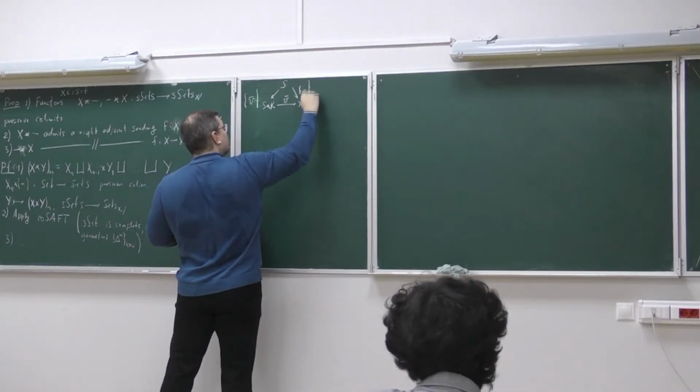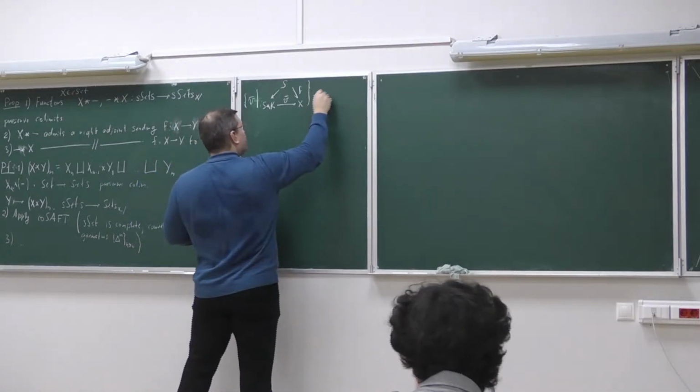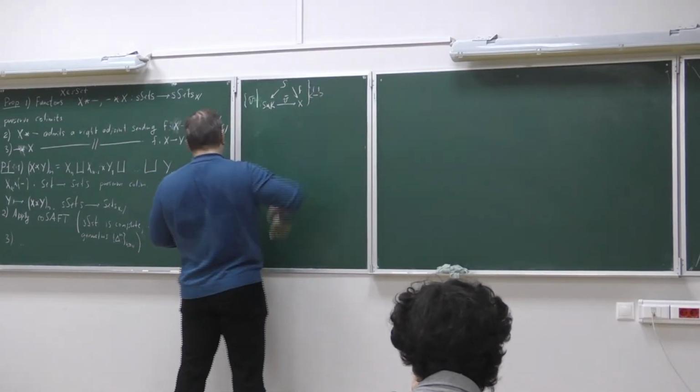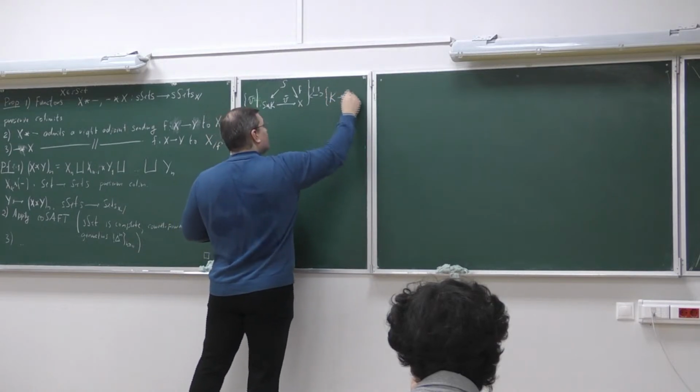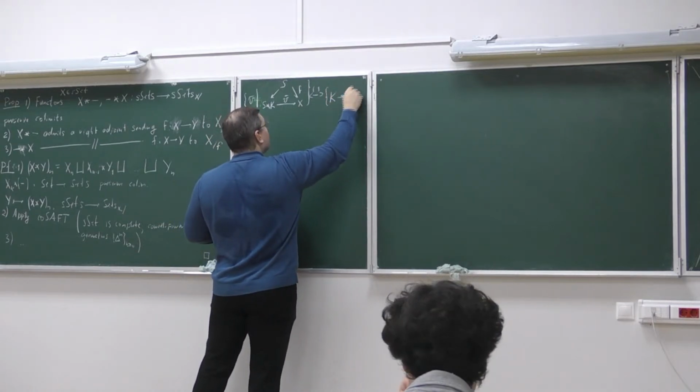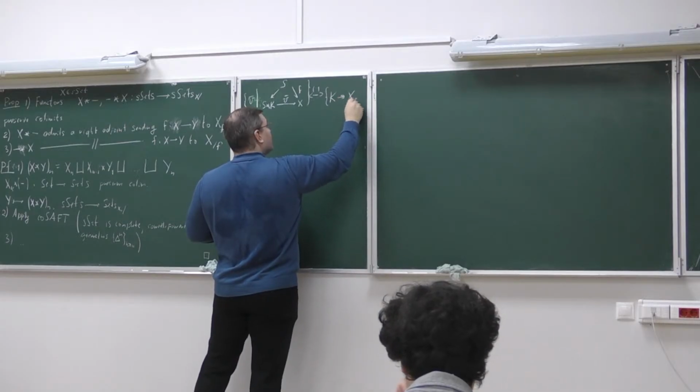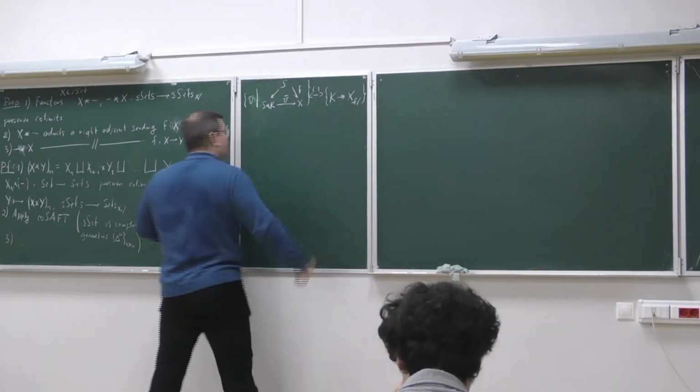Let me write the bijection and explain how to think about this diagram. There is a one-to-one correspondence with the maps from K to the slice F under. So this is map V.